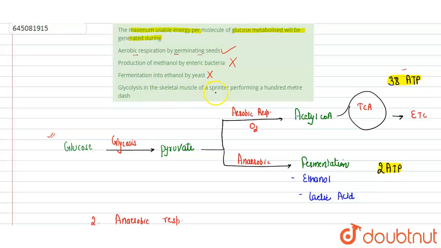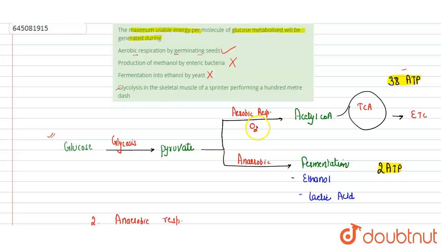Glycolysis in the skeletal muscle of a sprinter performing a 100-meter dash. Here again they haven't clearly mentioned aerobic or anaerobic, but one should know that when a 100-meter sprint race is going on, there is a continuous use of energy.